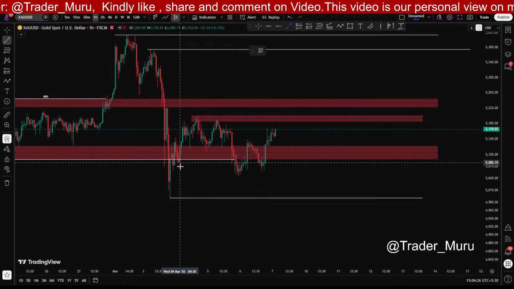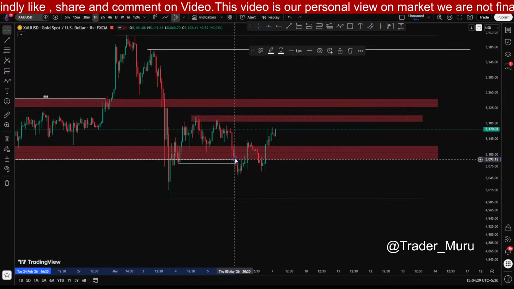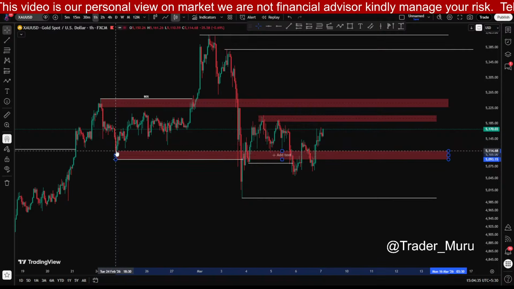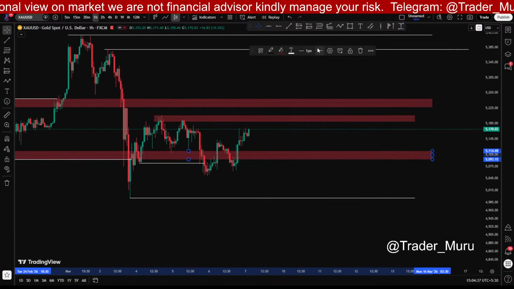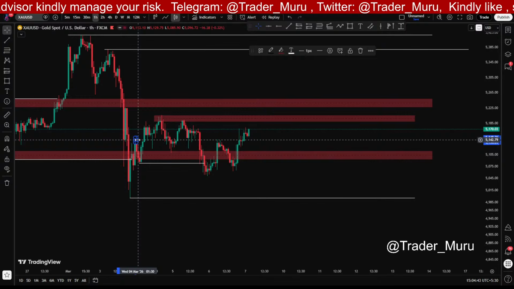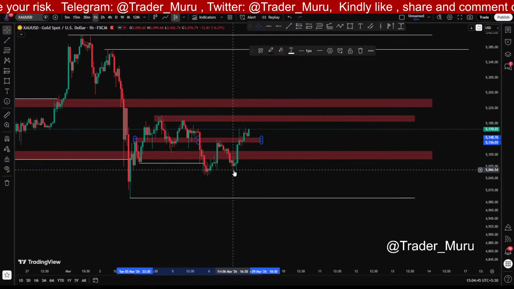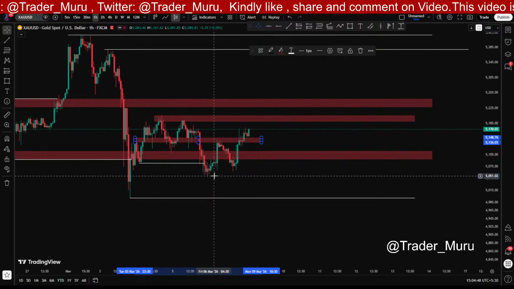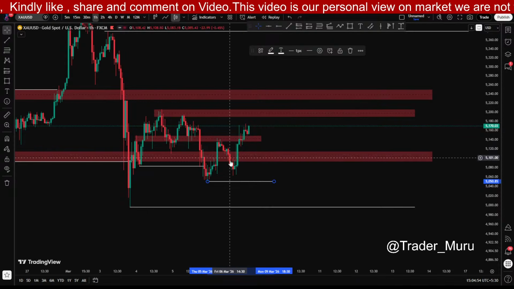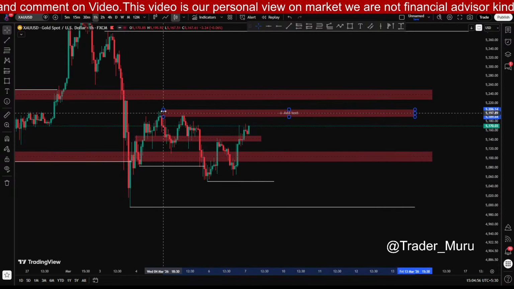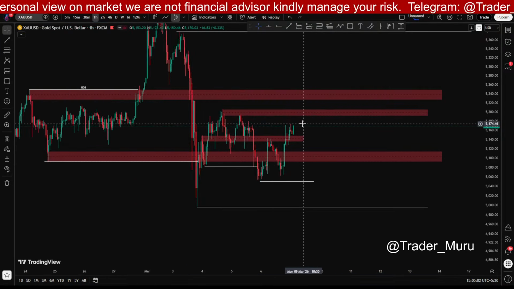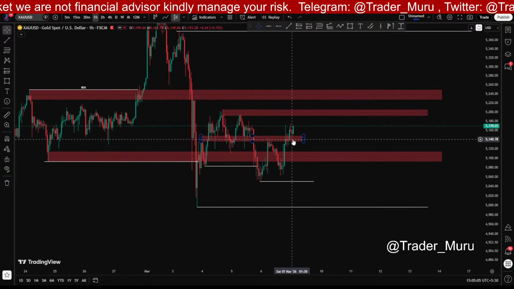Then we had a change of character at this level, the same area as the 4-hour time frame, this one, and price has flipped it, and it tried to break below from the SQML area, but this also did not give us a nice pullback, and a break below this was our expectation, but we don't have any break below, so price is likely to go for the highest order block, which is present at this level here. So price needs to test it and drop.